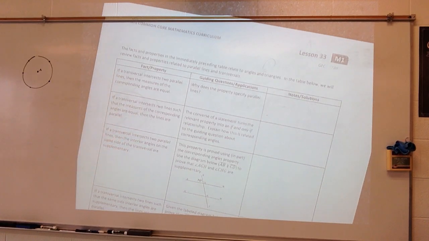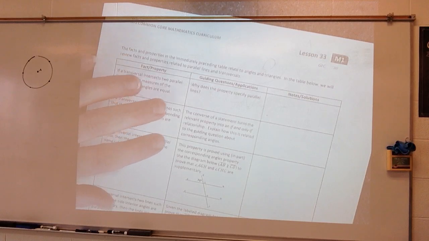If a transversal intersects two parallel lines, then the measures of the corresponding angles are equal. Why does the property specify parallel lines? Well, if the lines are not parallel, then corresponding angles are not congruent.